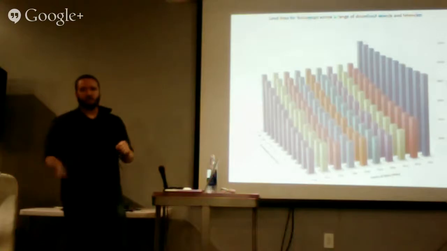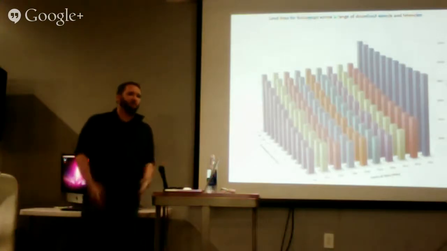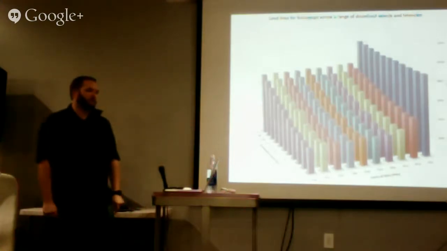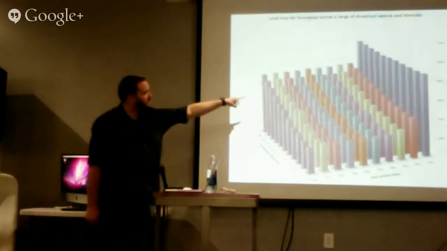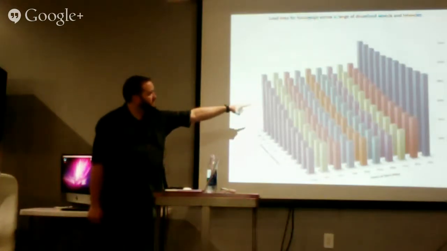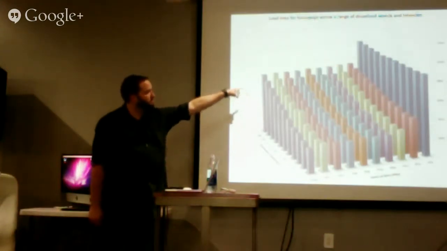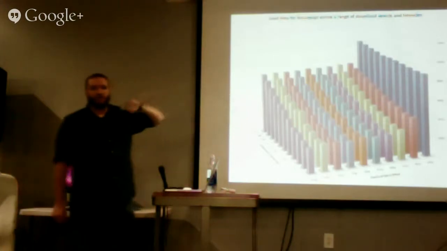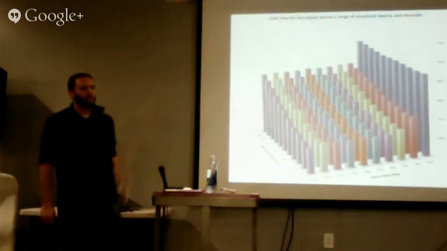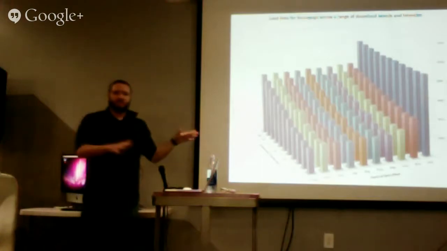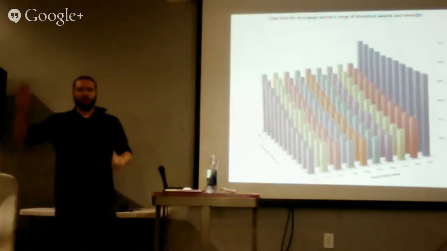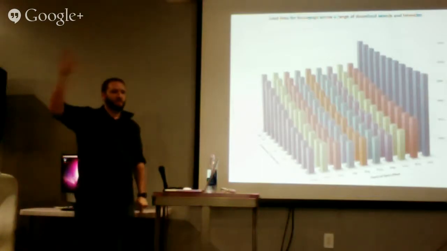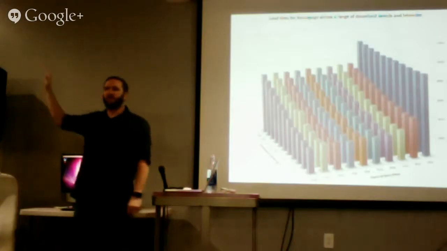So 3G is about 1.5 megabits a second. And that blue is 1 and the red is 2. So your mobile customers are going to be right in there. They're going to be hugging that wall. So latency matters. Who are your high latency customers? Anyone have any idea?